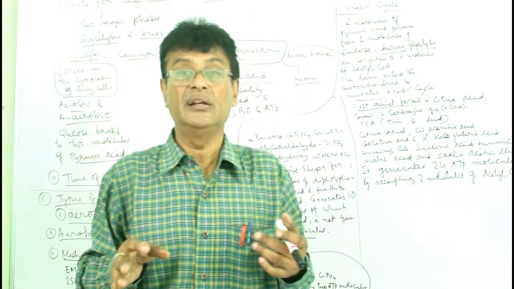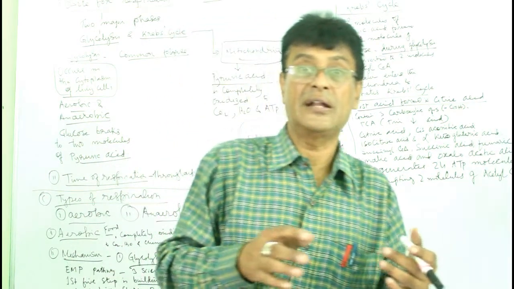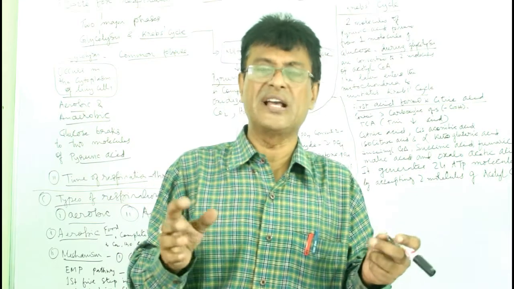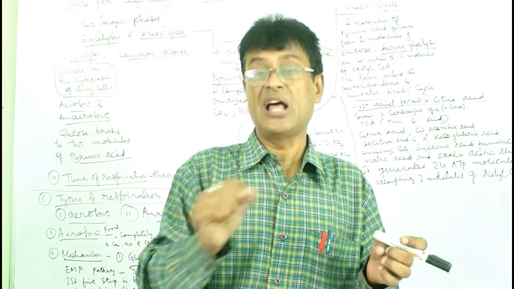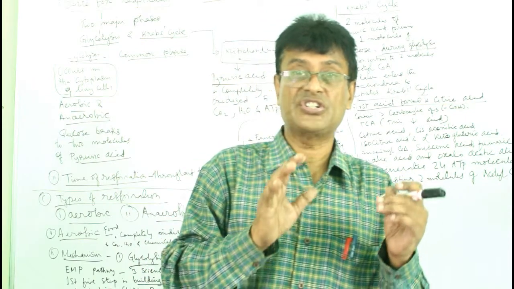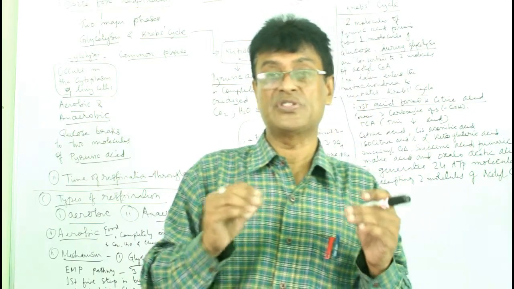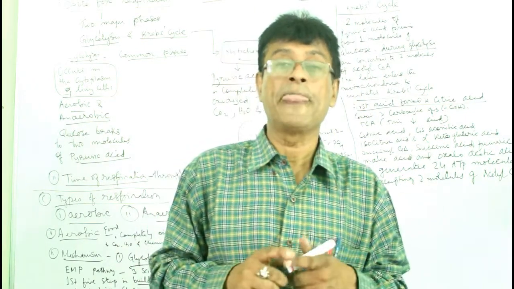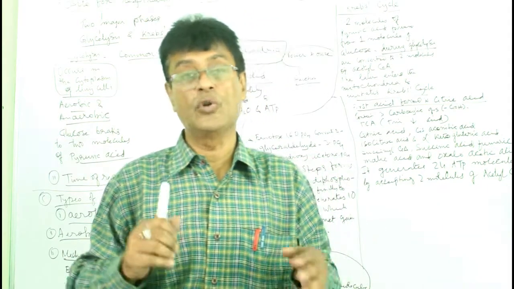That is why it is said that if somebody dies, he breathes his last. That means the last respiratory process was done at that time. Respiration is a continuous process, as long as life goes.